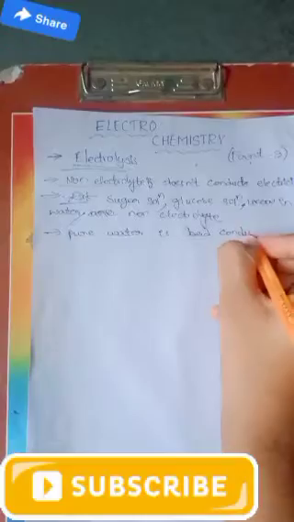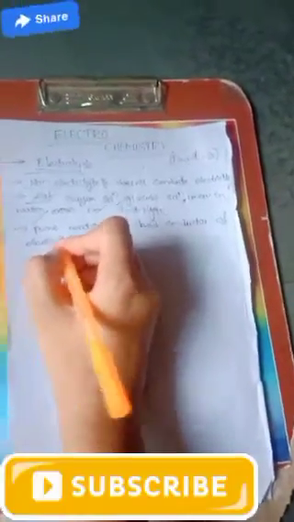Next, organic covalent, non-polar covalent substances are non-electrolytes. Next, pure substances or bad conductors: pure water is a bad conductor, a non-electrolyte.